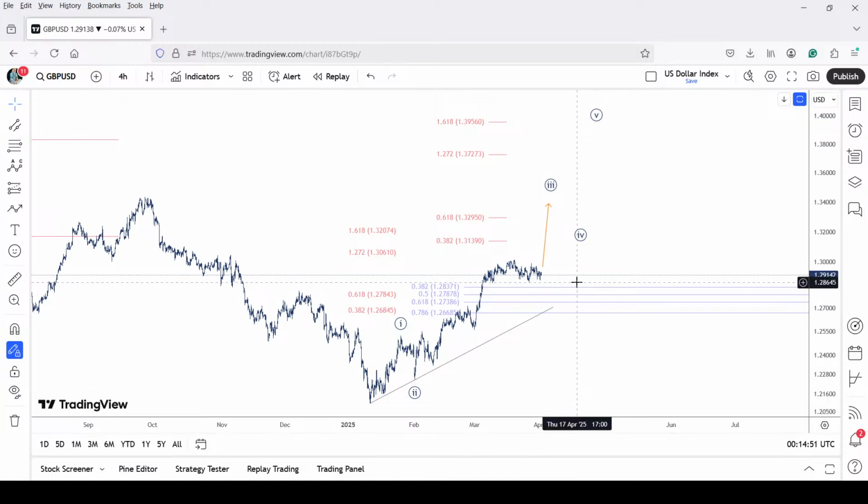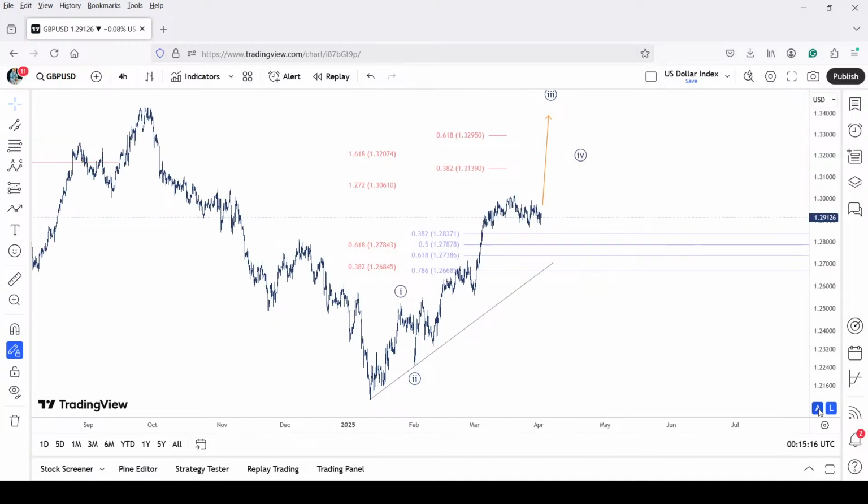So trading point of view, it is good to remain long, and it is also good to initiate longs if you are not done yet. But stop loss ideally would go at 1.25, and the reward or the take profits would rally all the way towards 32, 37, and 39 respectively. All right, so that's the story in pound.